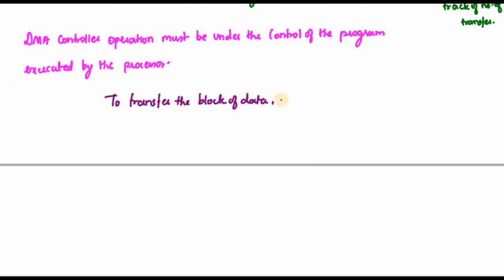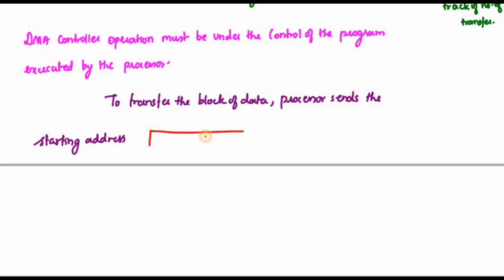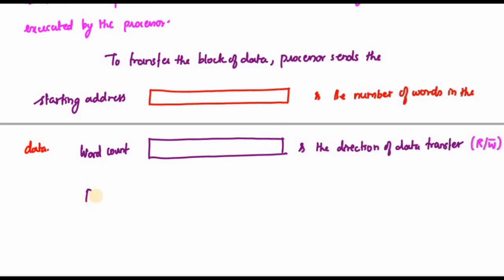This DMA controller operation must be under the control of a program, though there is no intervention from the processor. It should be under the control of the program which is executed by the processor. In order to transfer the block of data, the processor first sends the starting address, the number of words in the data, that is the word count, and the direction of data transfer.